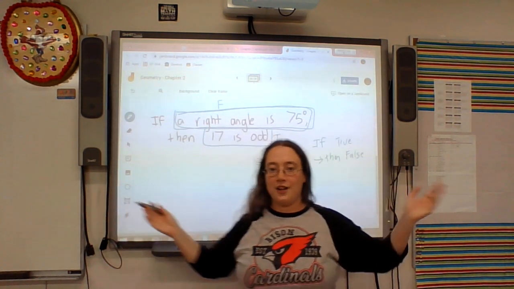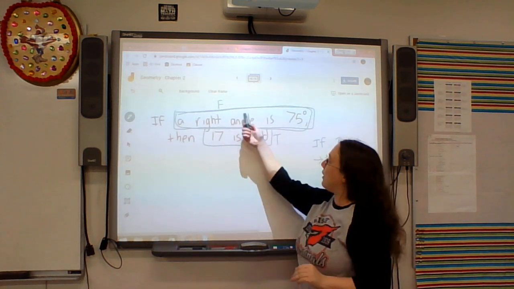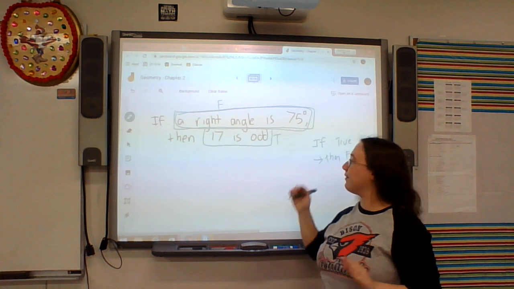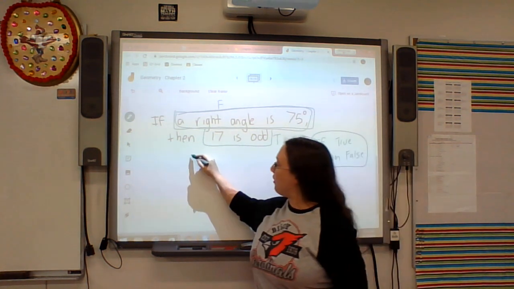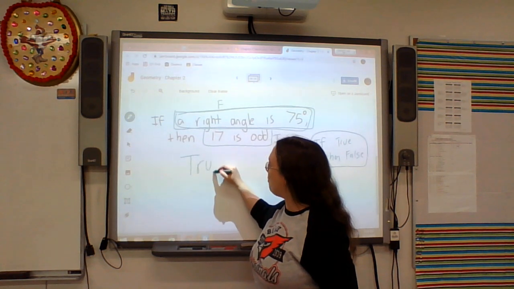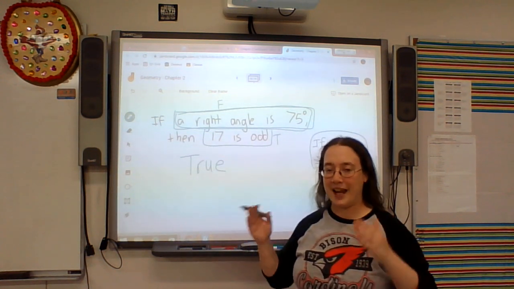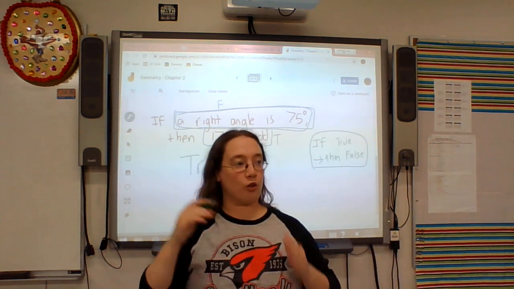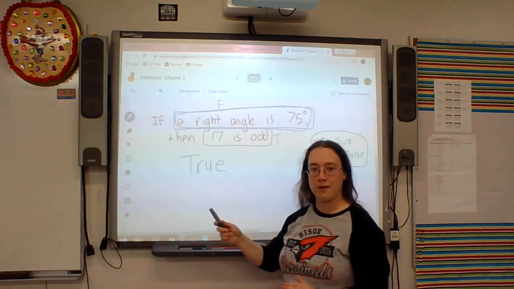They're just not. And you can't even name an alligator cat on that one. That's just never true. So if we have something that's never true, then we can't have a counterexample. So this whole statement is true, even though right angles are never 75 degrees, because we can't have a counterexample. Because in order to have a counterexample, we have to have something where this first part is true, and we can't.